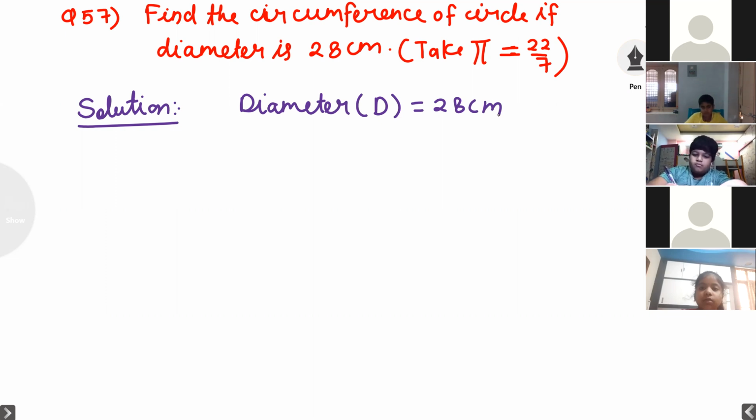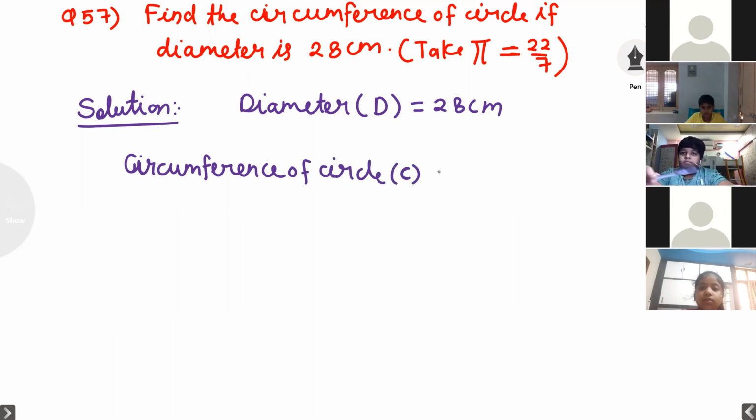We know formula, circumference of circle, small c is equal to, if they have given diameter, we can apply formula pi d. Take pi value 22 by 7 and diameter is 28.